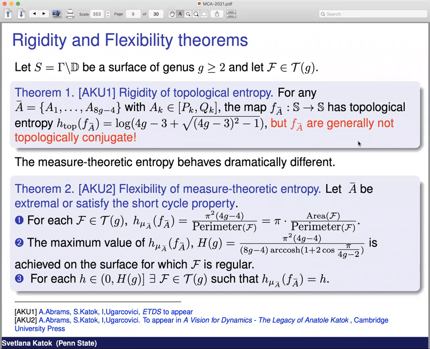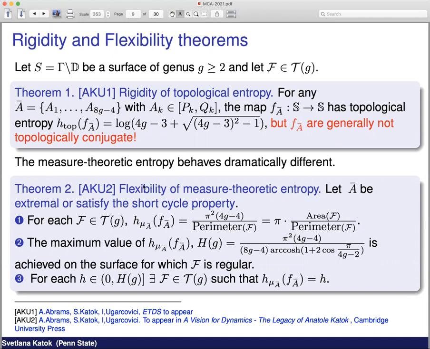So you may ask, maybe they are topologically conjugate? No, they are not in general. But still, this rigidity of topological entropy holds. And the second result is about measure-theoretic entropy with respect to the smooth measure.